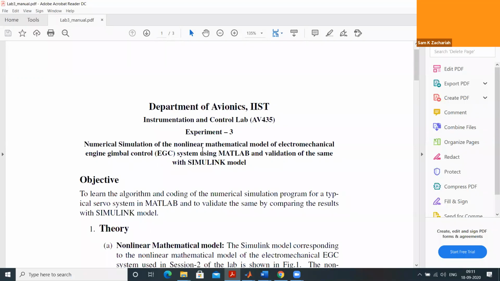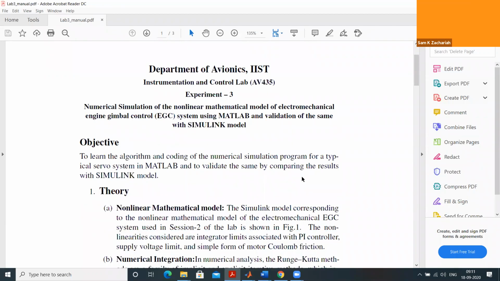This is the portion for today's class. This material will be shared with you. Numerical simulation of the nonlinear mathematical model of the electromechanical engine gimbal system using MATLAB, and validation of the same with the Simulink model. Whatever Simulink model you already developed in the previous sessions, like the linear model or simplified versions of the nonlinear model, can be used to validate the new MATLAB-based direct coding program.